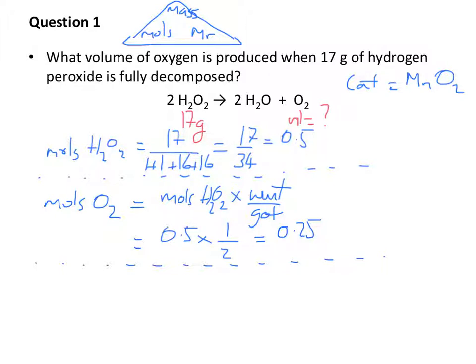Now we need to convert moles into volume of oxygen. And we've not done this before. Now we know that 1 mole of oxygen is going to occupy 24 decimeters cubed. So 1 mole O2 equals 24 decimeters cubed. But we've not got 1 mole, we've only got a quarter of that.